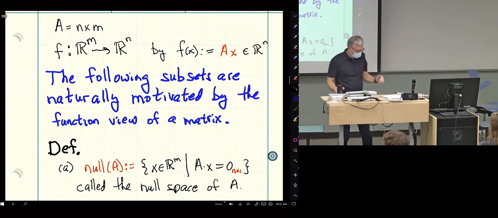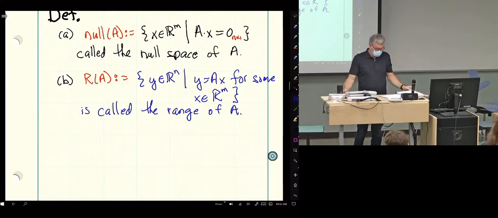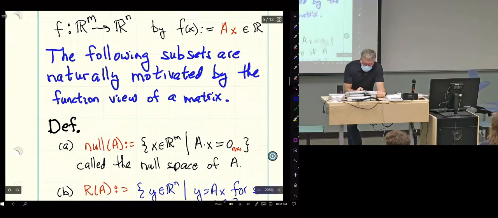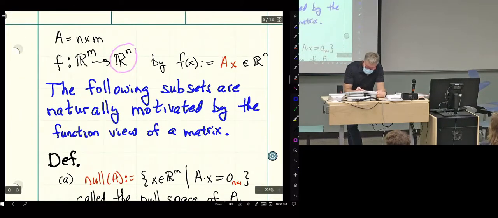We will eventually call that the dimension of the range and the dimension of the null space. So range of A, it's everything I can hit in Rn by choosing some vector x in Rm, and those vectors have to be related by y equals Ax. That's why we don't call this the range, because if this is the trivial function that maps everything to 0, the range is not Rn.